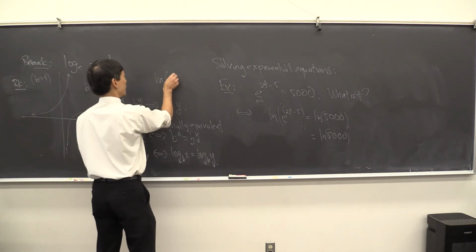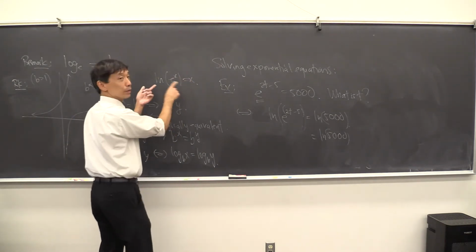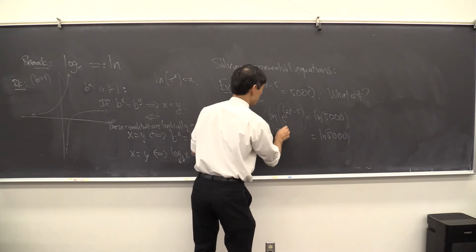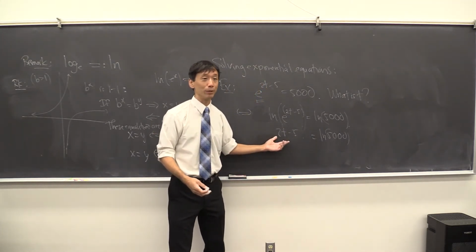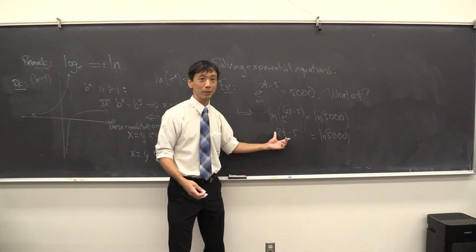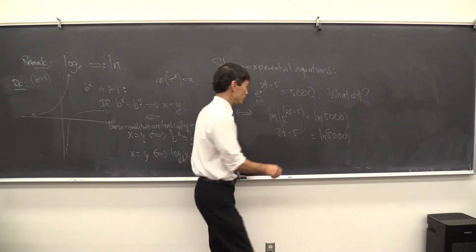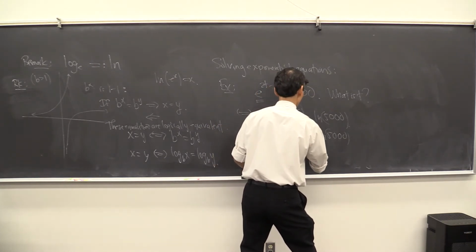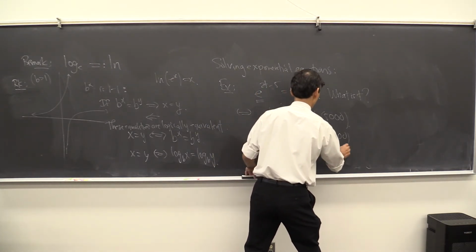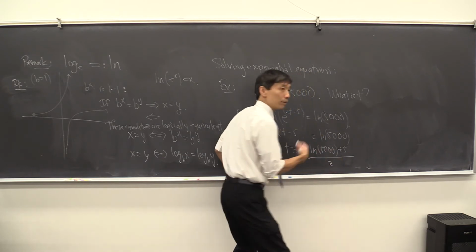Natural log of e to the x is just x, because those are inverse functions. So you get 2t minus 5 on the left, and then you've got this plain old equation that anybody could solve. So t has to be natural log of 5,000 plus 5, everything over 2.